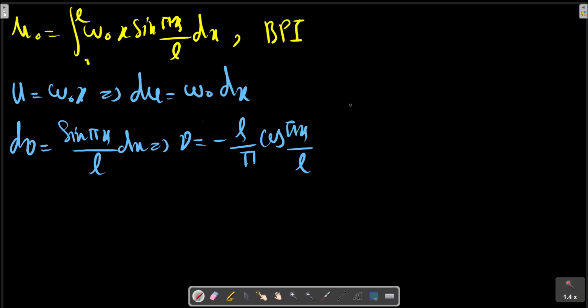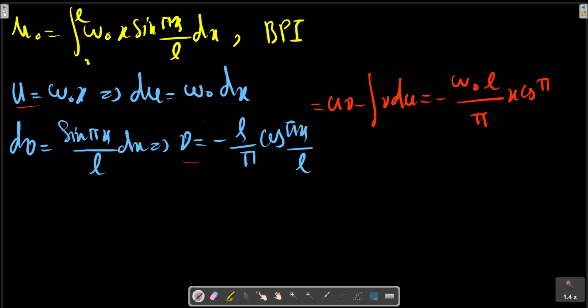Our integration becomes uv minus the integral of v du. uv is minus omega 0 L on pi x cos(pi x on L), minus the integral of v du.